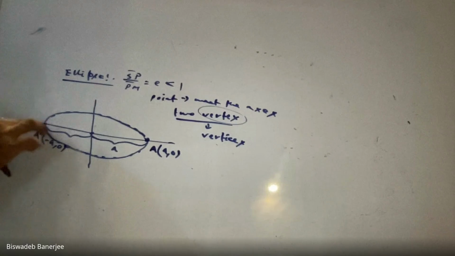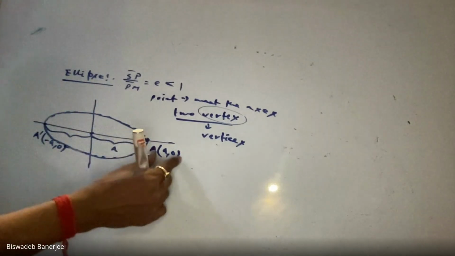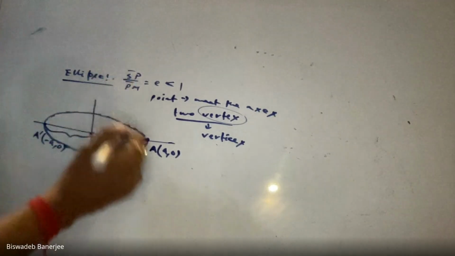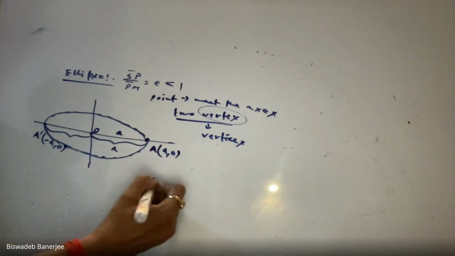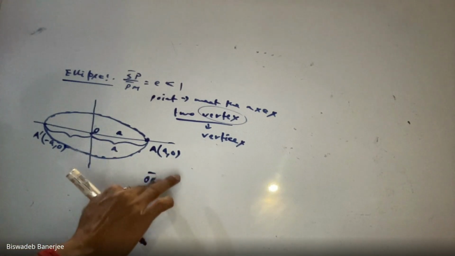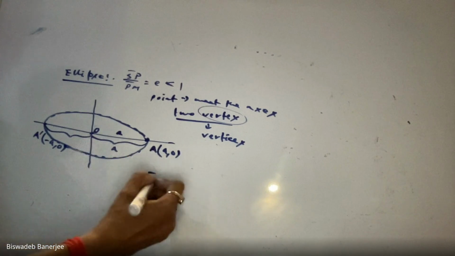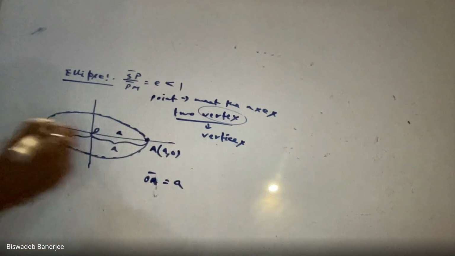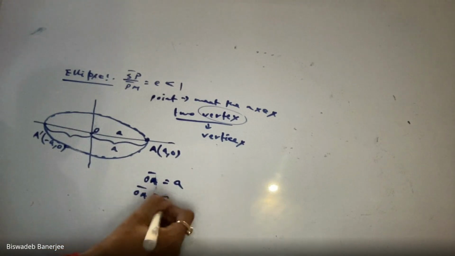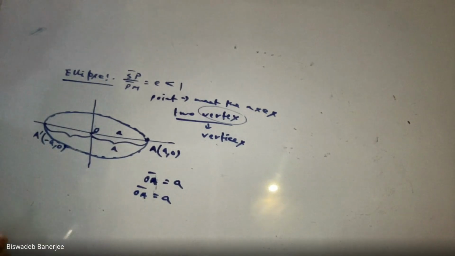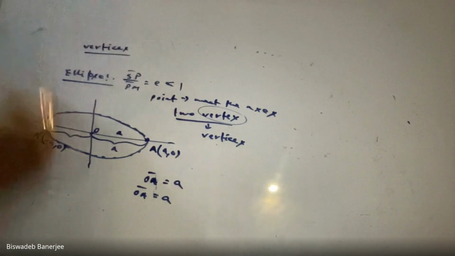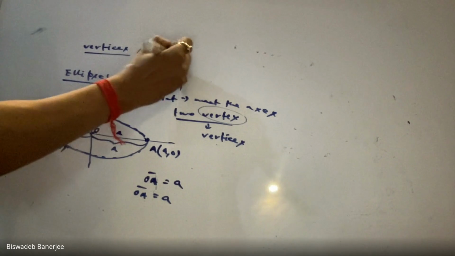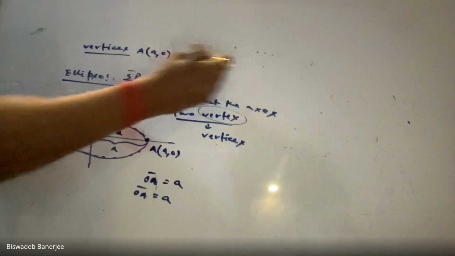So my length from O to A is small a, and from O to A dash this length is also a. I again repeat, there is a minus sign, but ignore the minus sign. The minus sign has no importance here. So one vertex is (a, 0), and the other is (minus a, 0).